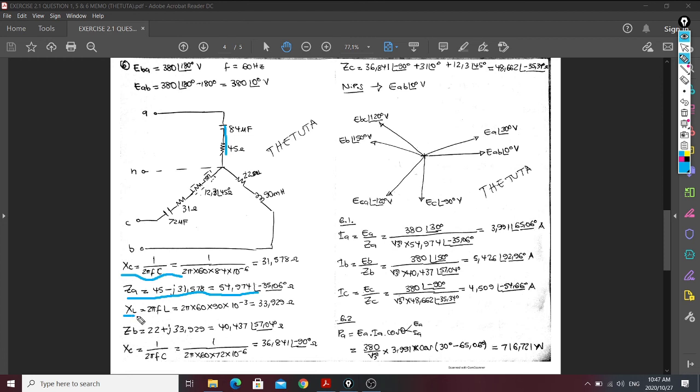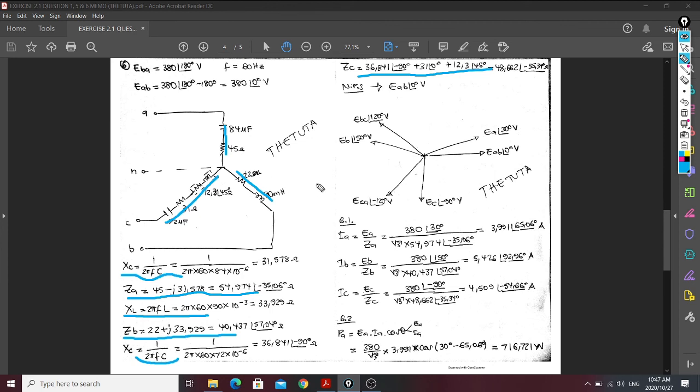You look for your XL inductance so that you can get your ZB, a combination of a resistor and an inductor. Then you change your capacitor to capacitive reactance, and now you can calculate your ZC, which is the addition of XC and the coil and resistor.